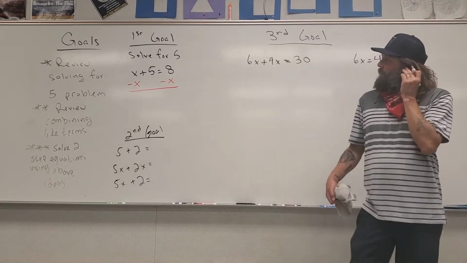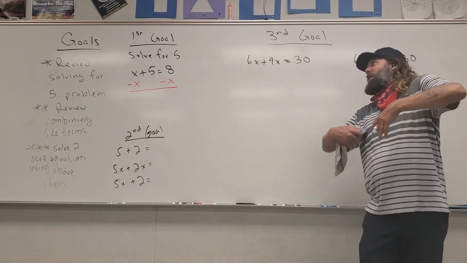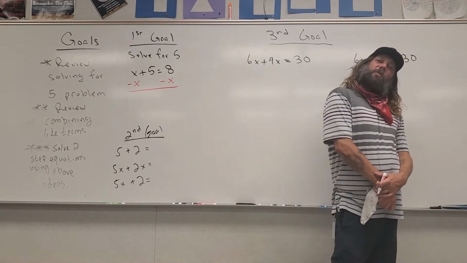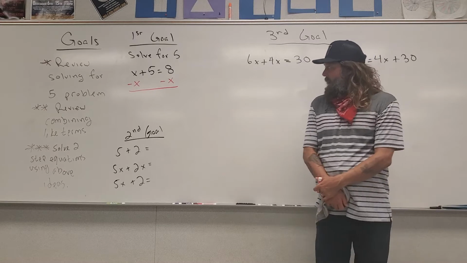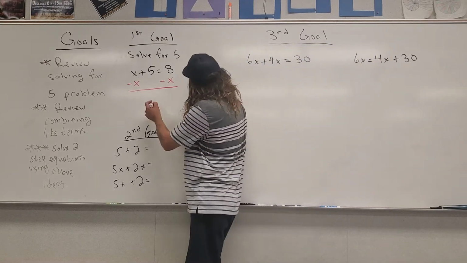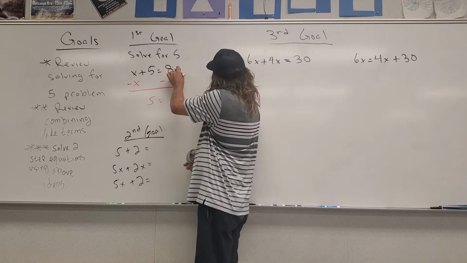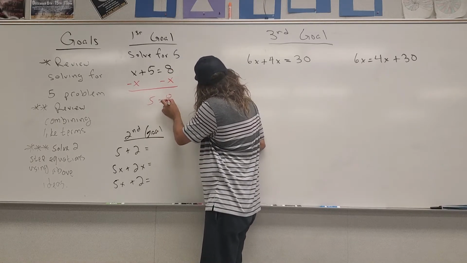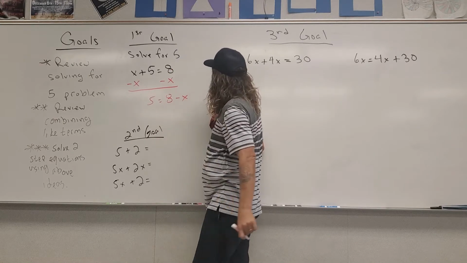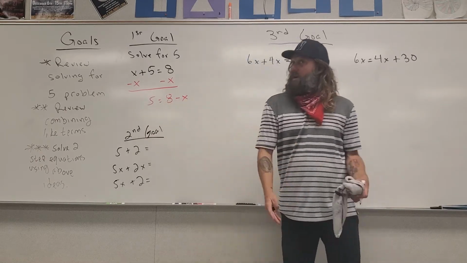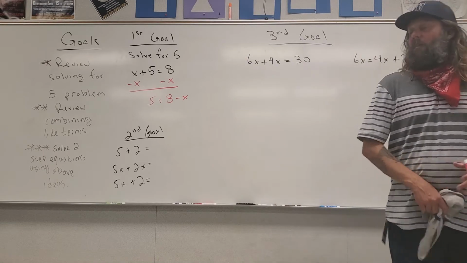And the point was about getting creative with the rules, but it also is an important step for what we're going to do today. So in fact, the answer for this problem is 5 is equal to, I don't know what 8 minus x is, so I'm going to write it as 8 minus x. And now I have solved for 5. I've got 5 by itself. I've isolated it. I have a value for my 5.